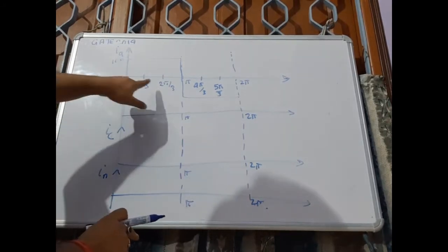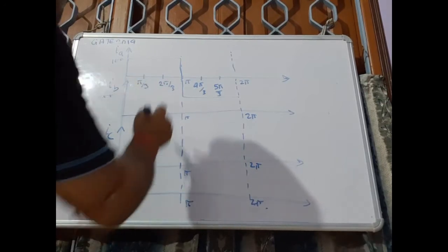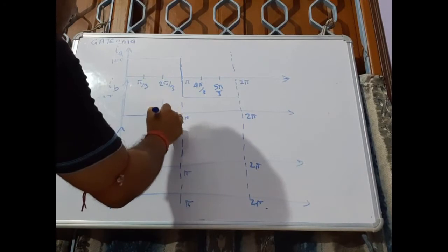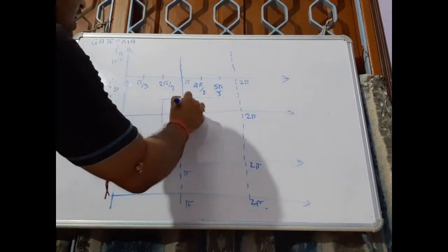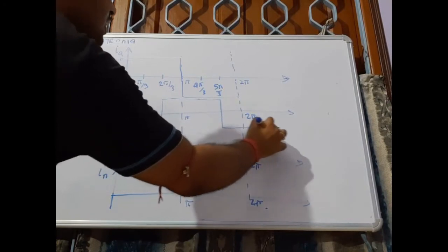So 120 degrees means twice pi by 3. So at this point IB will start, IB up to 5 pi by 3, like this.